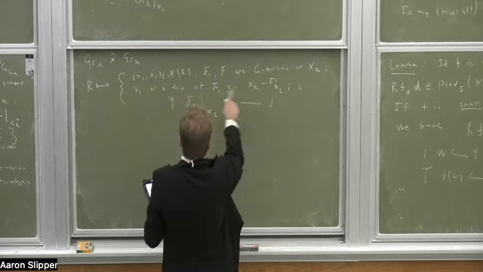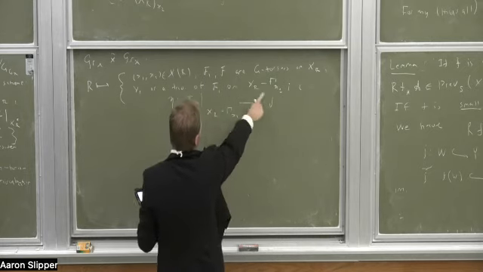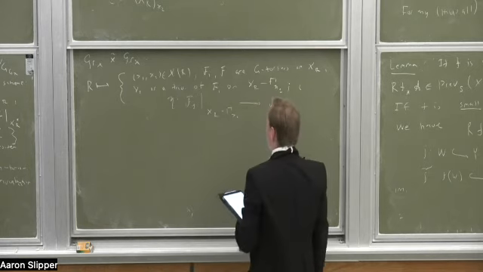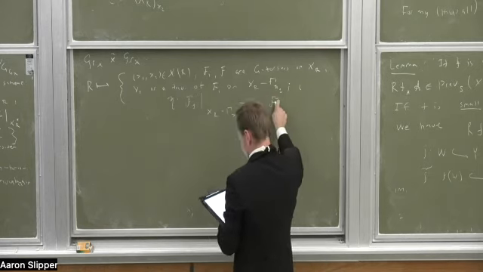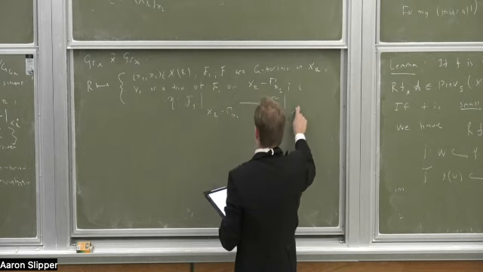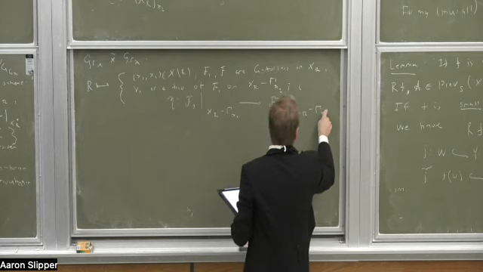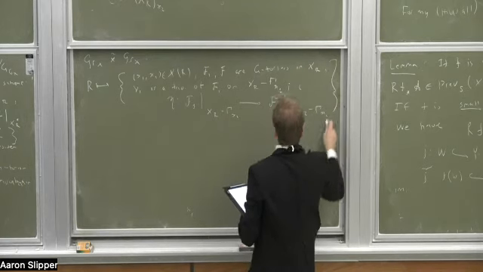And then we're going to trivialize this F1 away from the graph of X1, and then we're going to have an isomorphism of F1 with F on the complement of X2.